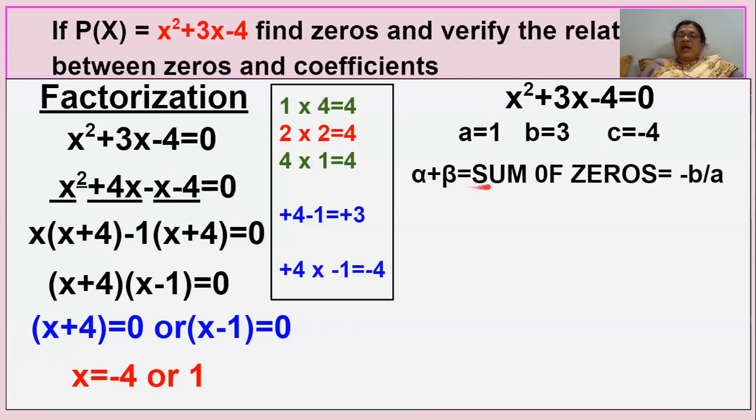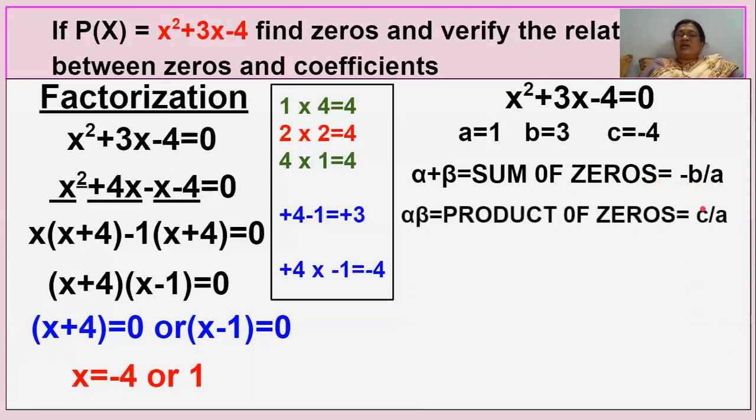When you add the zeros and compare with the coefficients, the formula is minus b by a. So the sum of the zeros is minus b by a and the product of the zeros is c by a. Let us verify. We know the zeros are minus 4 and plus 1.